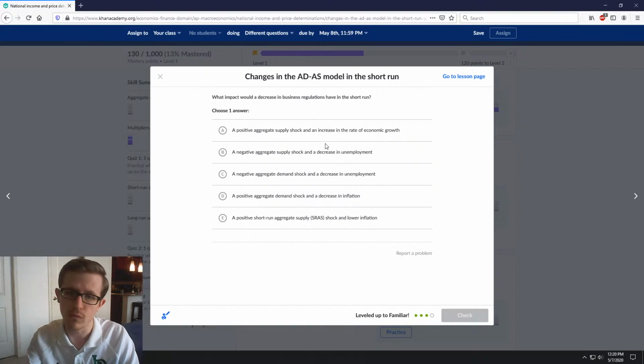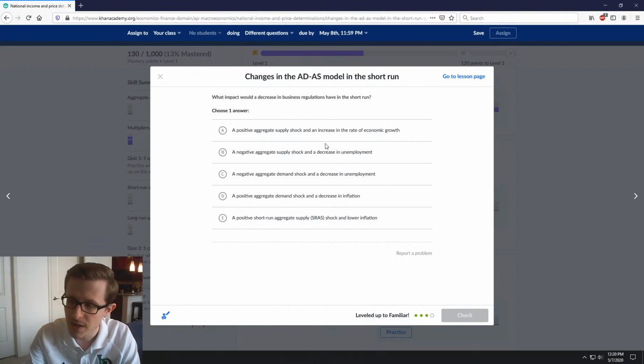If coal was all of a sudden heavily burned again, part of the reason why it isn't is it's not the cleanest energy source. Or if emissions are a huge thing. If emissions could just be whatever companies want, it's very much going to impact the production side of things. So it'd be something to do with the short-run aggregate supply, most likely, or just aggregate supply in general.